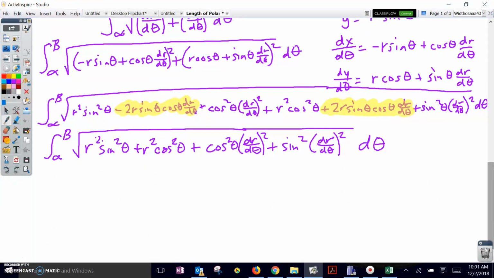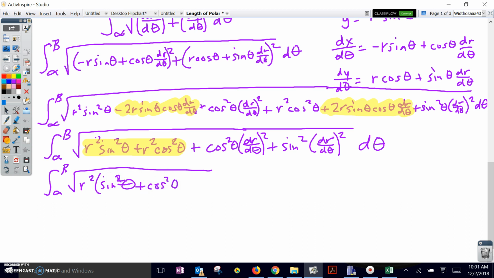And now I'm going to factor out some things within these little pieces. From the first two terms, I'm going to factor out an r squared: r squared times sine squared of theta plus cosine squared of theta. And from the second two terms, I'm going to factor out a (dr/d theta) squared.